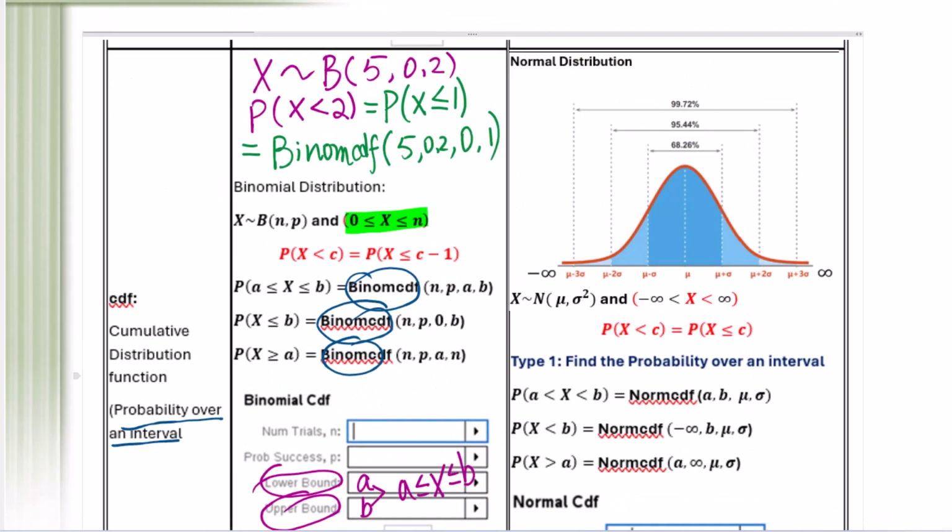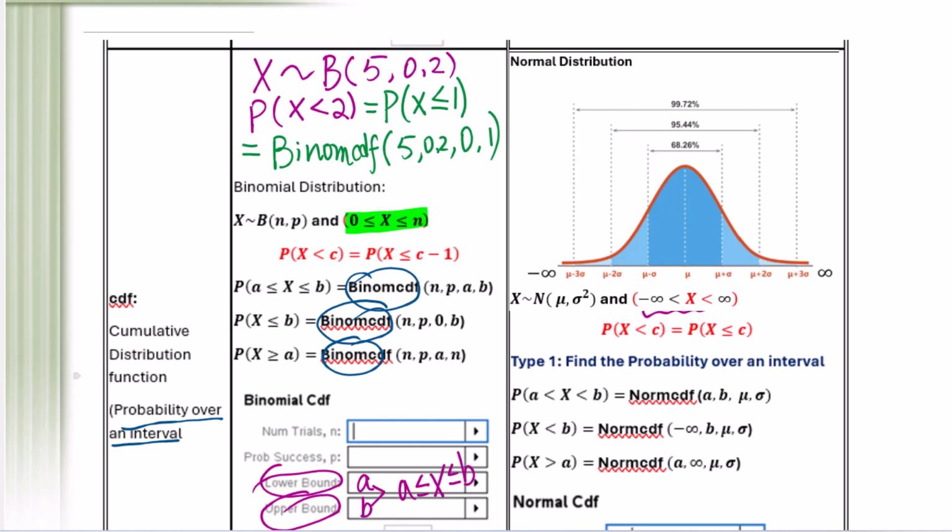For normal distribution, this is the graph of normal distribution. You could say the domain for x is from negative infinity to positive infinity.